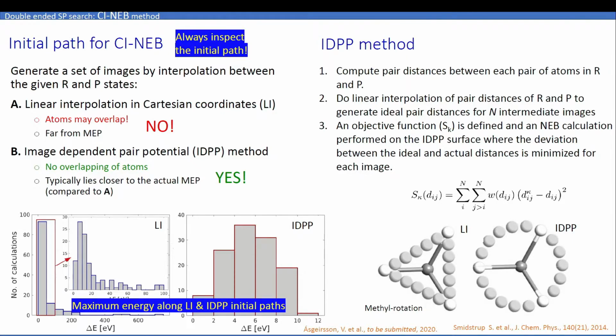And in these histograms here, you see a distribution of the maximum energy configuration along initial paths for linear interpolation and IDPP, made for a dataset of 120 molecular reactions. Obviously, the linear interpolation is generating highly unphysical intermediate configurations for some systems and should in general not be used. And also, remember always to inspect the initial path.